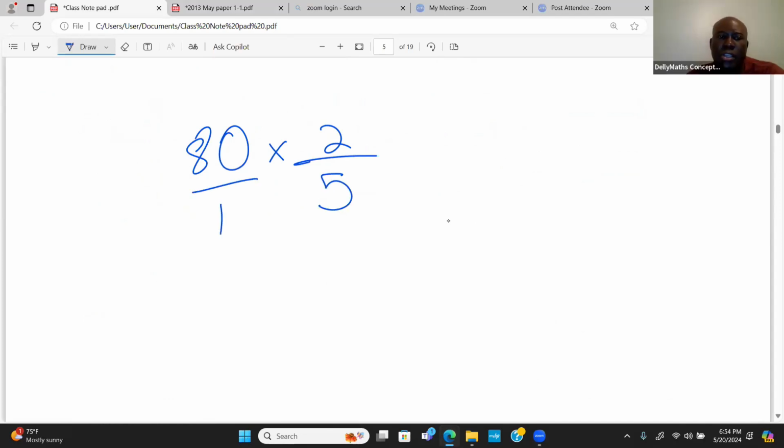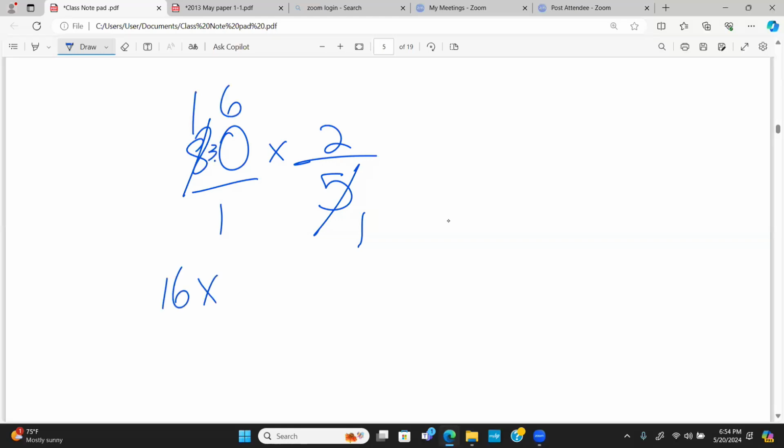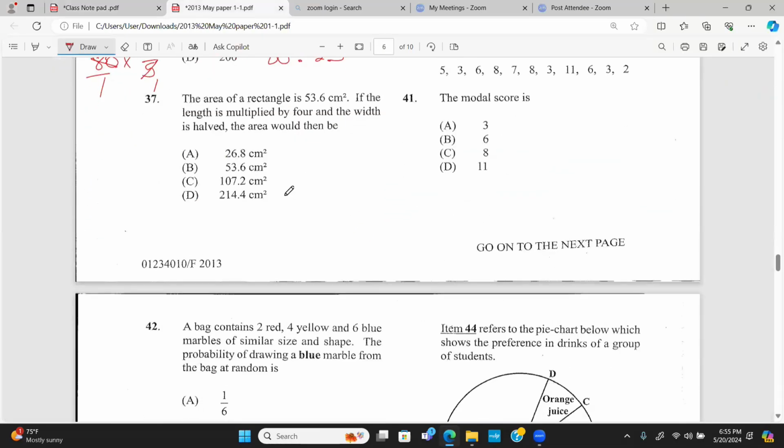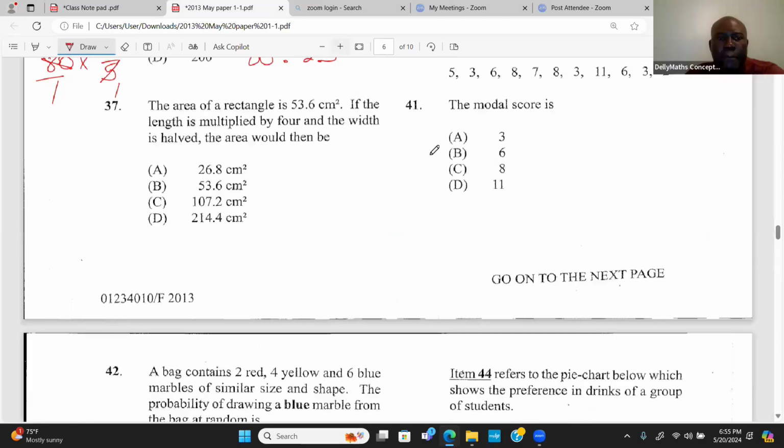Regular. So you have to know your little timetable. 5 into itself, 1. 5 going into anything will end with 5 or 0. So I know it can work. 5 into 8, 1 time, remainder 3. 5 into 36. So we're left with 16 times 2, 32. Good to go. All right. Okay, sir. Yes, sir.